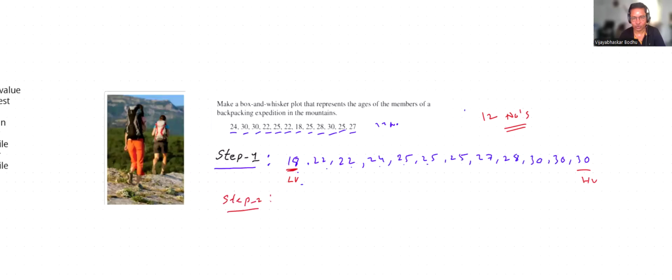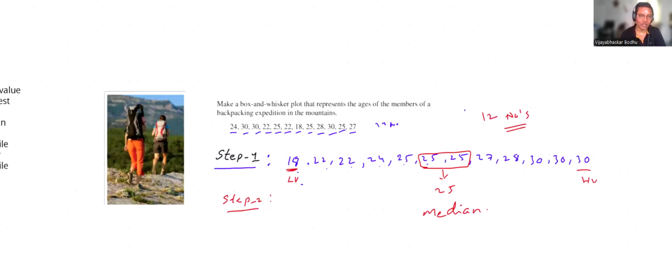Here, 1, 2, 3, 4, 5, 6 and 7th, these two come under the median, and the average of these two is 25, which is known as the median. Now you have the least value and the highest value, so among the five elements we have three now.